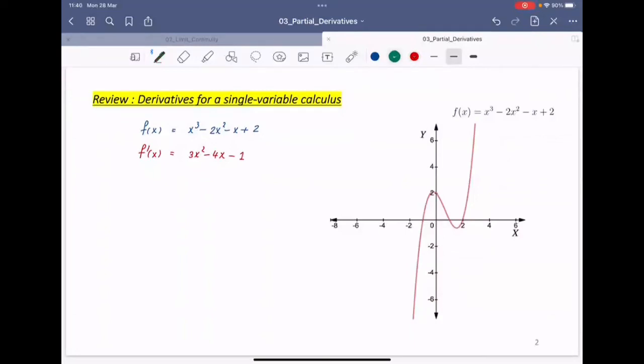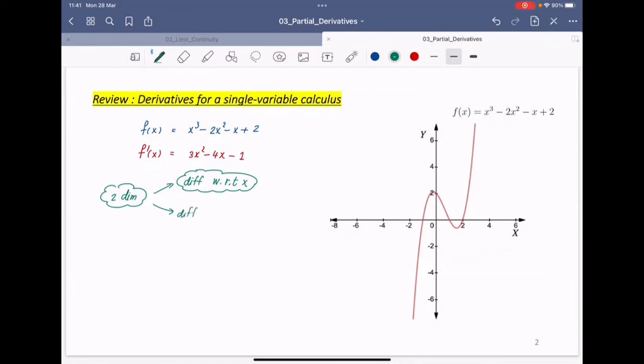This is what we're going to do in two dimensions. Differentiating with respect to x means you look at x as your variable and y is constant.